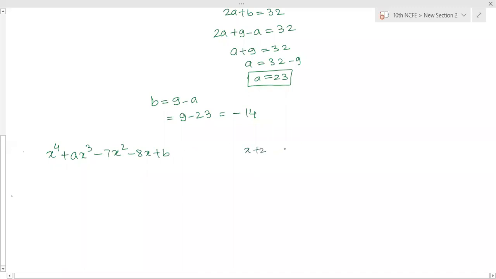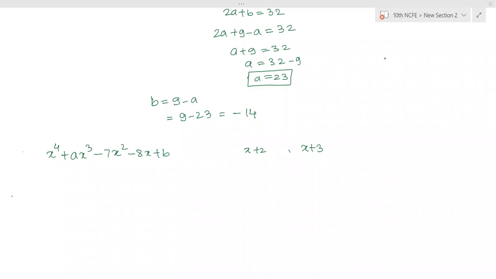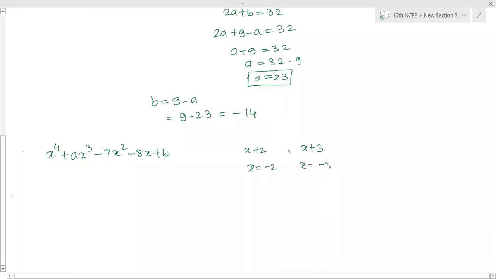Exactly divisible by x plus 2 and x plus 3. So substitute the value of x is equal to minus 2 and x is equal to minus 3.